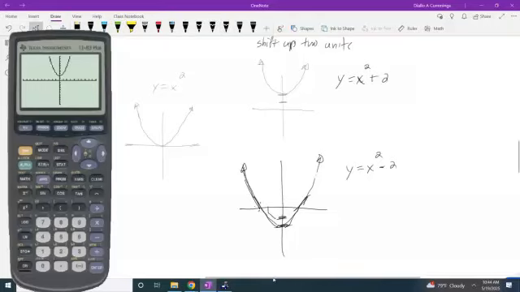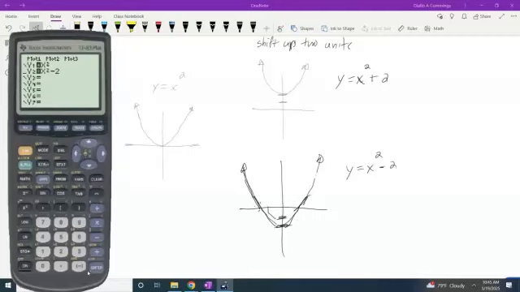So that was shifted down 2. Let's verify that. I'm going to go back to y equals, and I'll show you how you can graph more than one function at one time. For my first function, I'm going to put in x squared, and that should produce the basic curve. For y sub 2, I'm going to put in x squared minus 2. To determine which line is which, scroll over to the far left, and you can change what your lines look like.